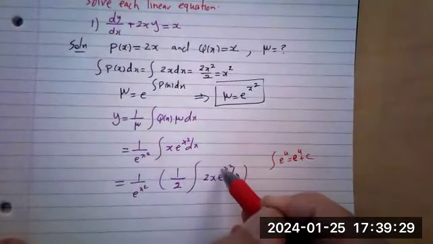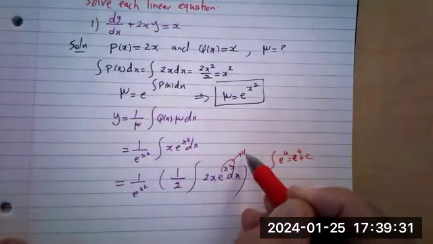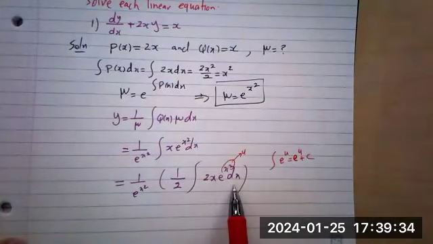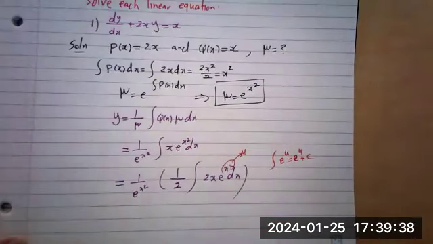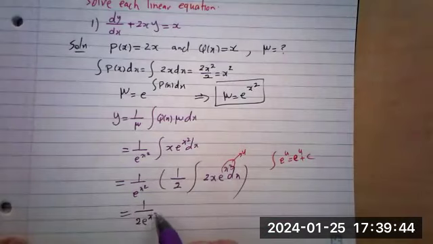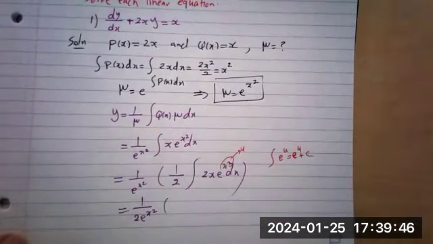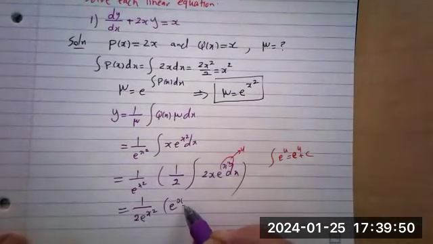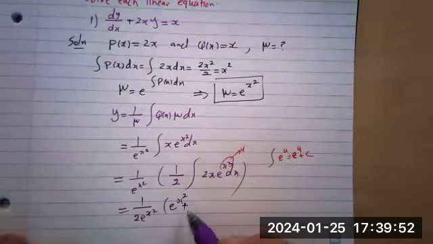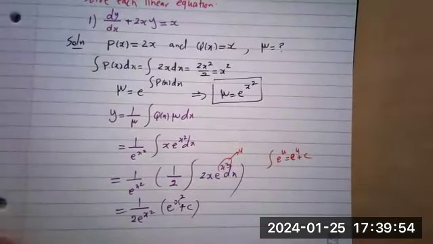You take this one to be u, du would be 2x dx. That's why I divided by 2. So it's going to be 1 over 2e to the x squared times the inside, which would be e to the x squared plus the constant c.